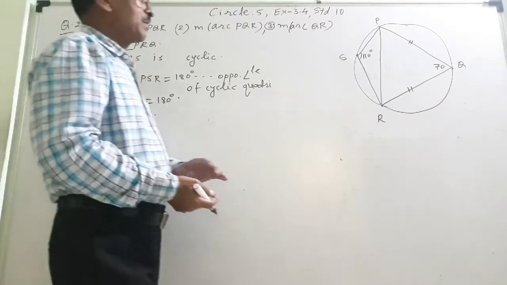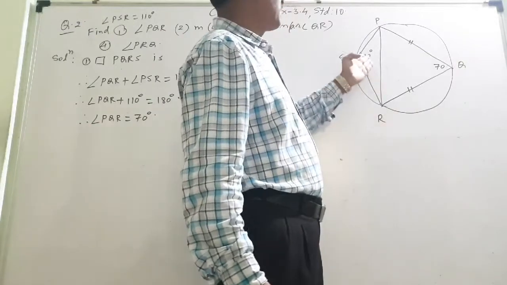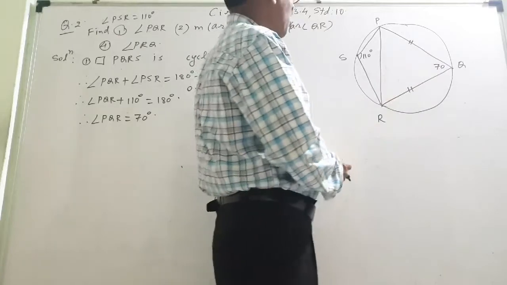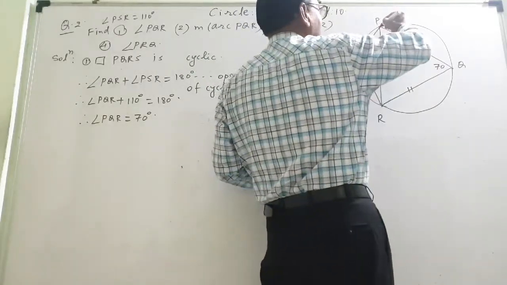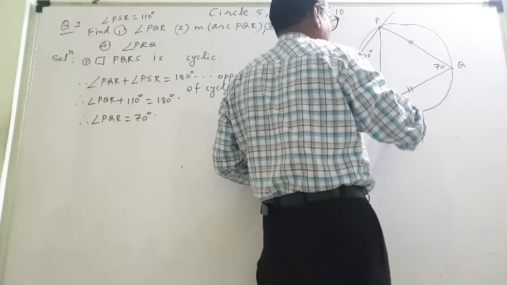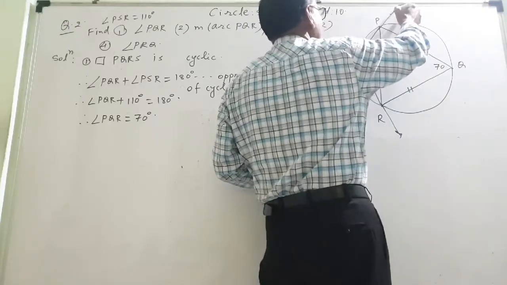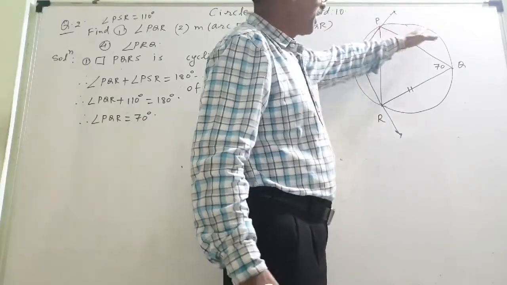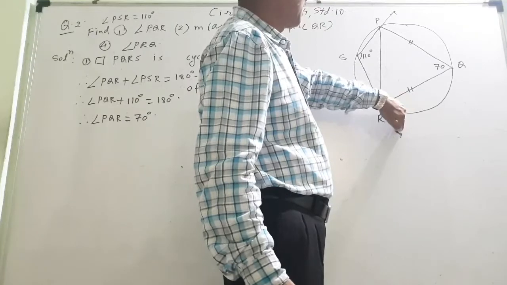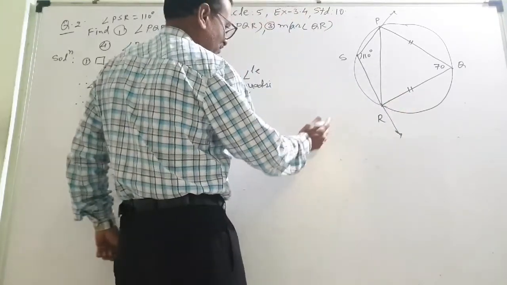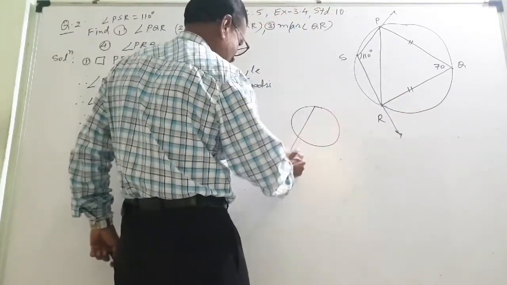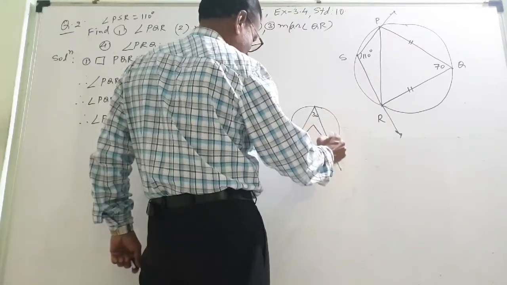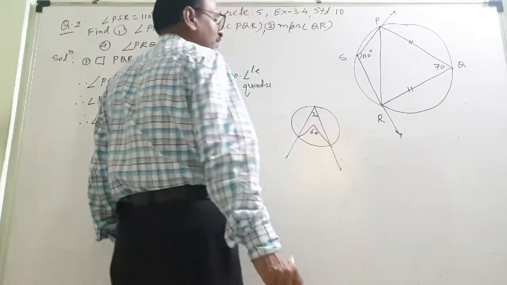Now measure of arc PQR. How much would this be? See like this. The measure of the subtended arc: just now we have solved one question like this. Here it was 30 degrees and here at the center it was 60 degrees.